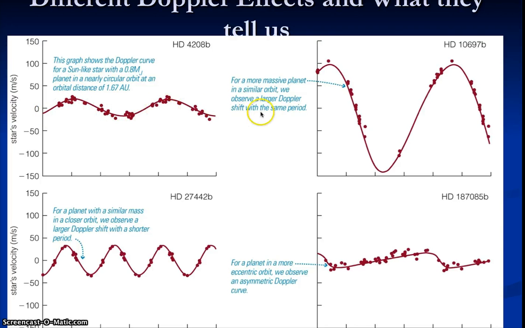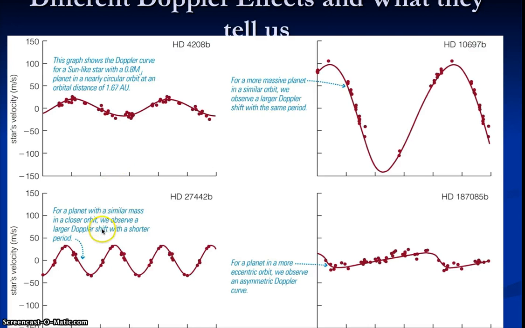If we put a more massive planet in the same orbit, the period would stay the same, but the maximum velocity would increase, and so you'd get higher peaks. As we go from here to here, we're just changing from a smaller, less massive planet to a larger, more massive planet in the same orbit.